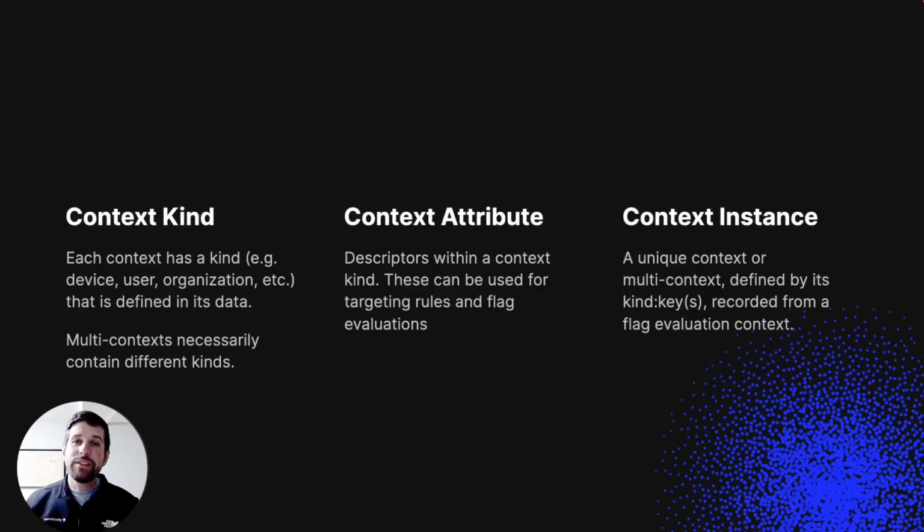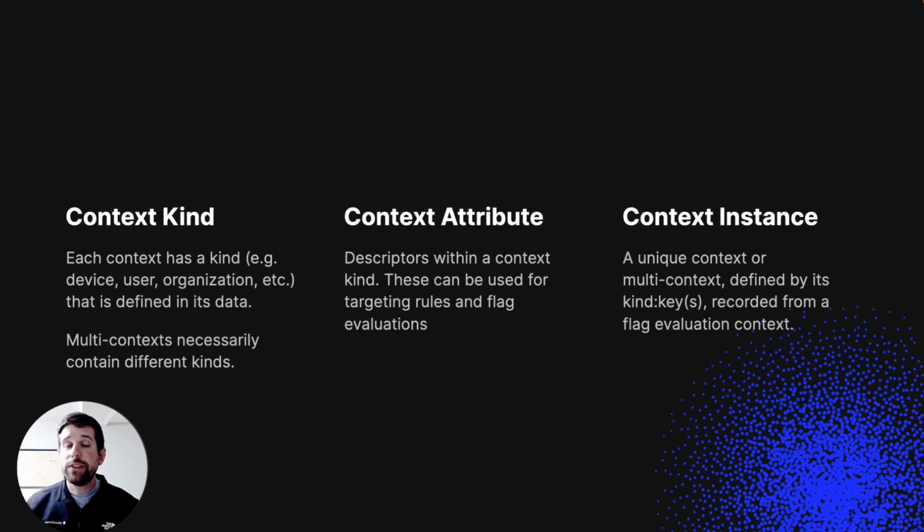Let's go over some key definitions of terms that we're going to be using throughout the walkthrough. The first one is a context kind. The kind is the data object that we're passing from our application to LaunchDarkly, and then we're subsequently creating those targeting rules around. Each of those data objects can have whatever unique name that you want. So you could have things like organization, you could have things like store or region, really whatever definition that you want.